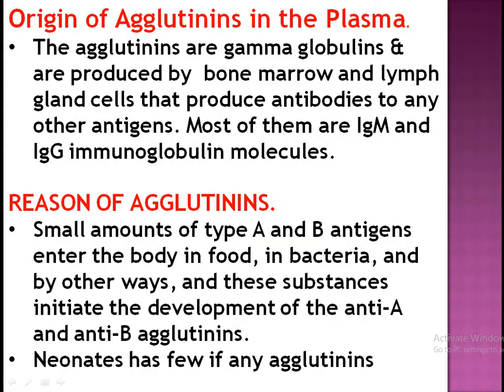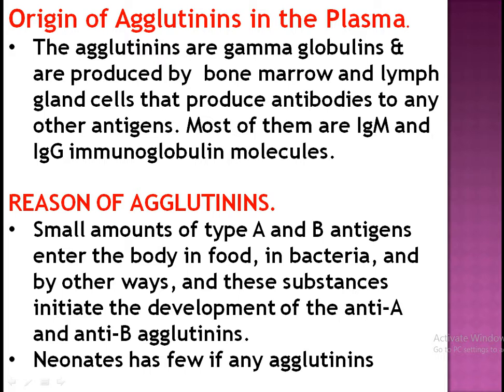For better understanding about the blood transfusion, firstly, we should discuss what is the origin of agglutinin in the plasma. The agglutinins are gamma globulins and are produced by bone marrow and lymph gland cells that produce antibodies to any other antigens.